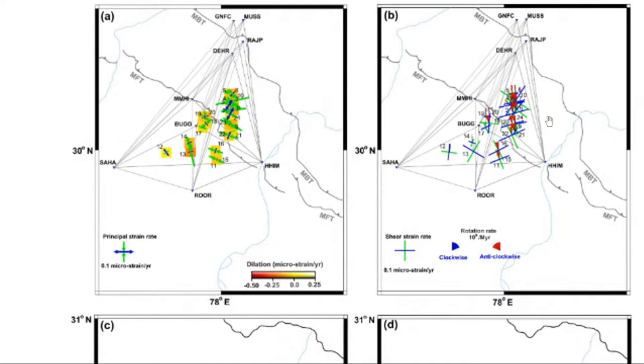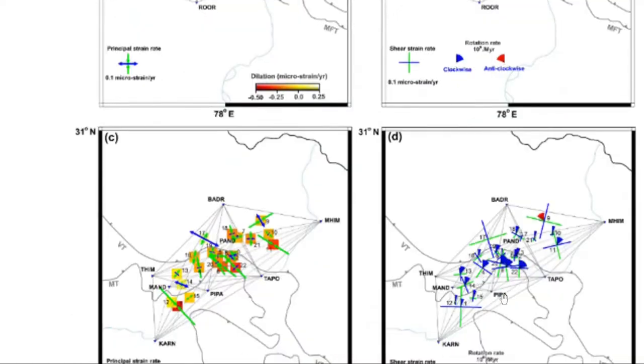Then the shearing is also less compared to the shearing in the part of Lesser Himalaya and Higher Himalaya, and that's why we can see more earthquakes occurring in Higher Himalaya and part of Lesser Himalaya around the MCT region, because this is active.